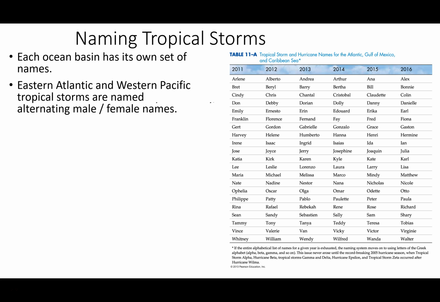They used to be all female names, but now they alternate female and male, and you can kind of see that. Now, if you look closely, you're going to see that some letters have been skipped, because it's hard to come up with names for all the letters alphabetically.